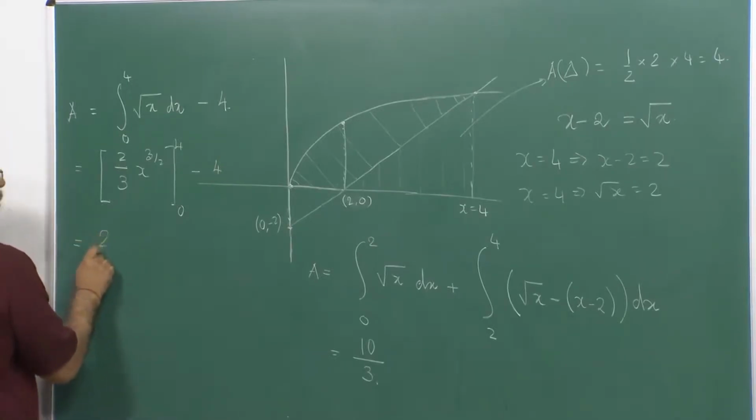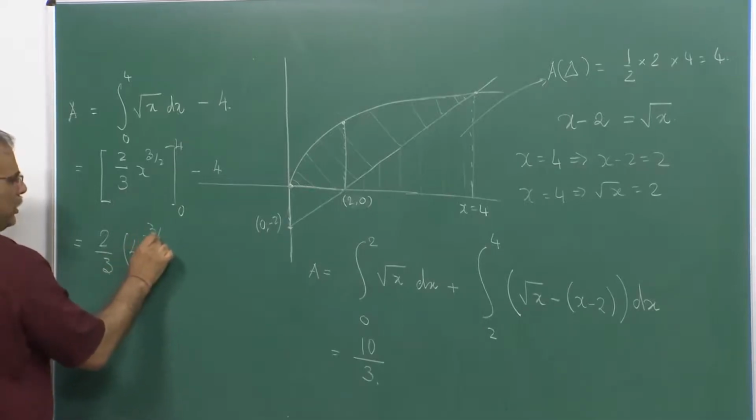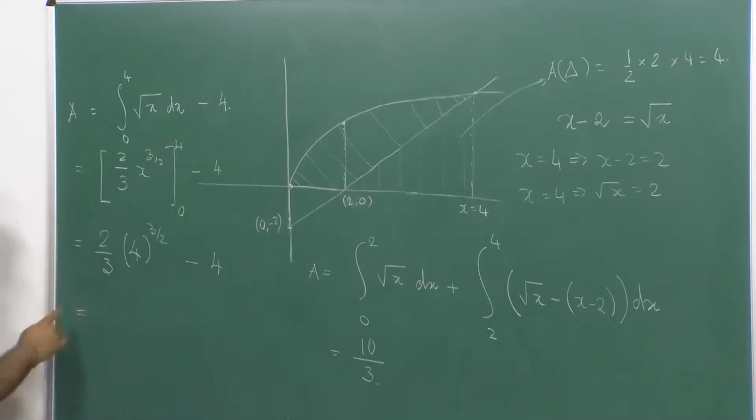Am I doing the correct thing? So 2/3 into 4 to the power 3/2, minus 4.